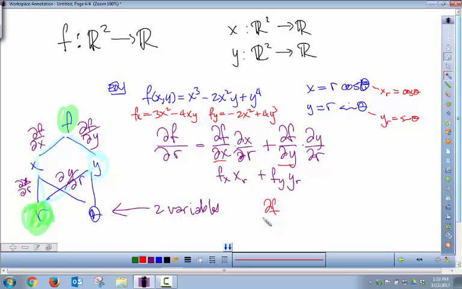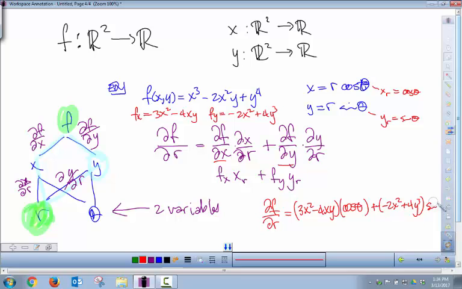All right, so let's just put those together. The partial of f with respect to r is equal to the partial of f with respect to x, that's 3x squared minus 4xy, times cosine of theta, plus the partial of f with respect to y, that's a negative 2x squared plus 4y cubed, times the sine of theta.